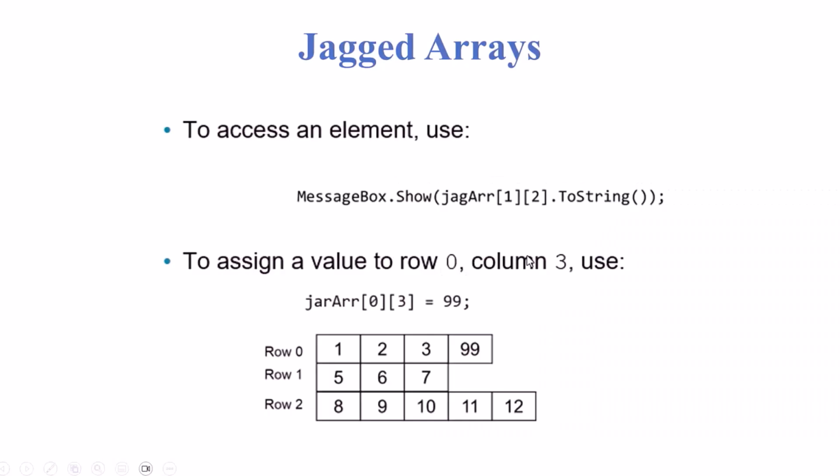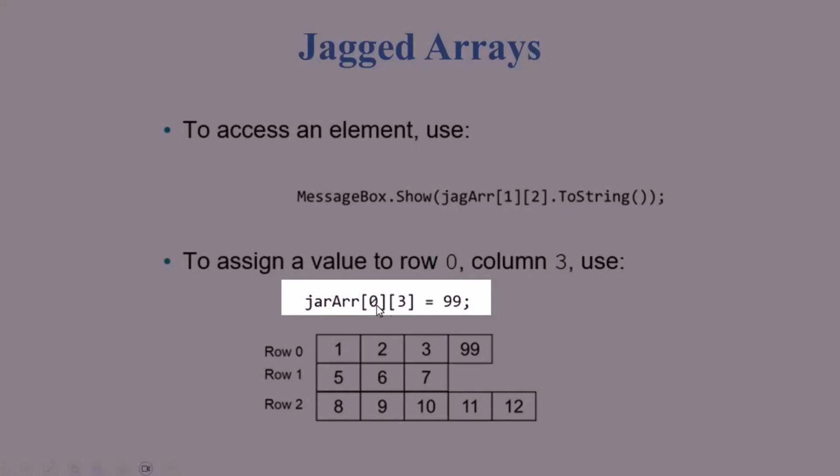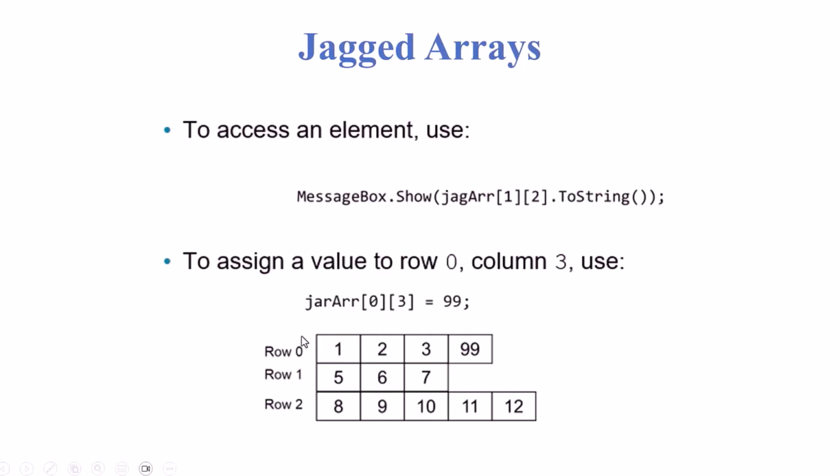To assign a value to row 0, column 3, we use jagged array 0, 3, and establish the 99 there. It puts 99 in row 0, element 0, 1, 2, 3, the fourth, but starting with 0, the third element in the array gets 99. So it's very easy to establish. Nothing confusing about this at all.